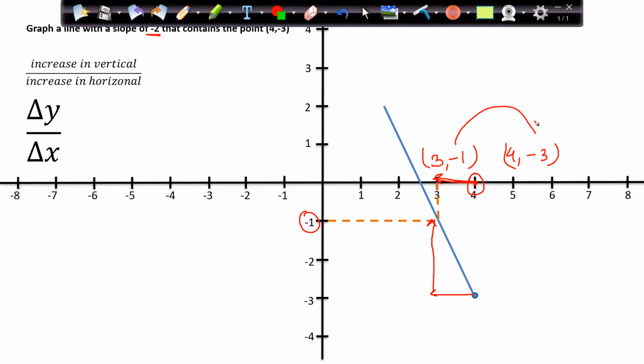So it is going down, right? When there is a 1 unit change from 3 to 4, my slope is -2. It's going down. And that is how this line looks. This blue line is the line with a slope of -2 that contains the point (4, -3). Perfect.